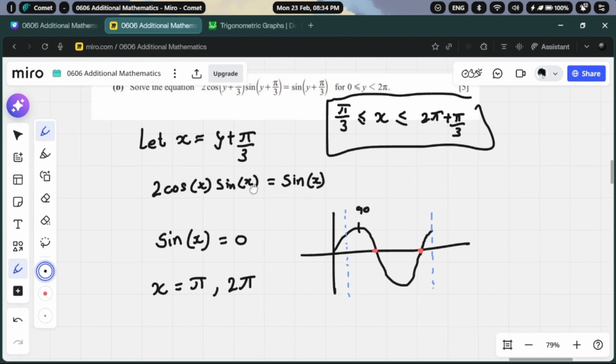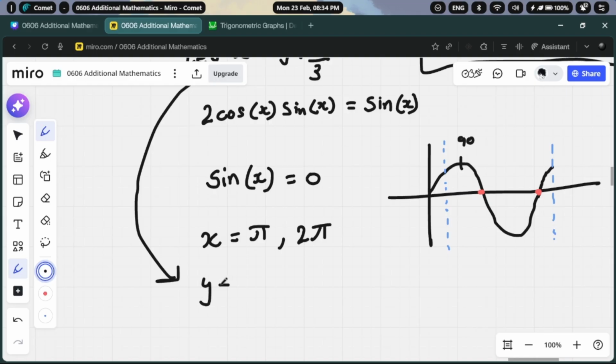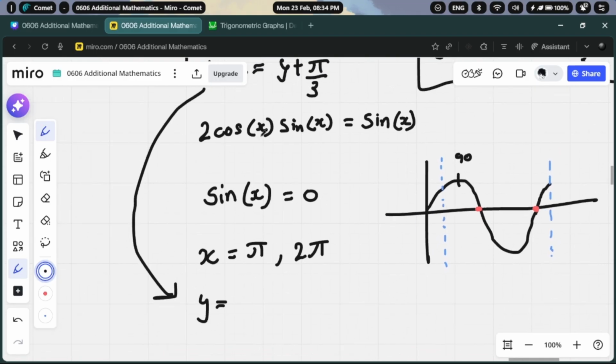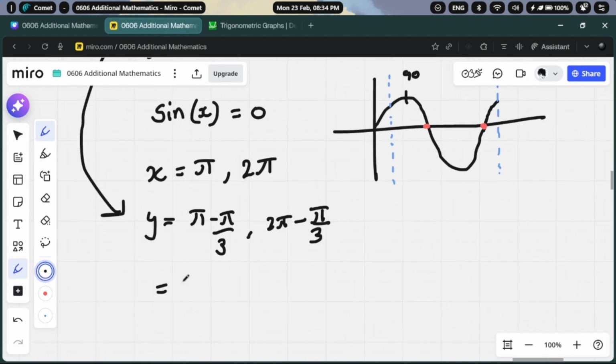So if you take this over here, you know that y would be equal to x minus pi over 3. So pi minus pi over 3, and then 2 pi minus pi over 3, which would be equal to these two values.